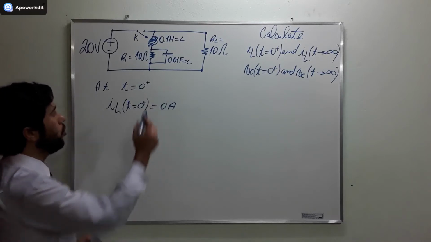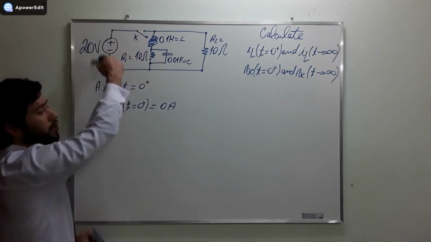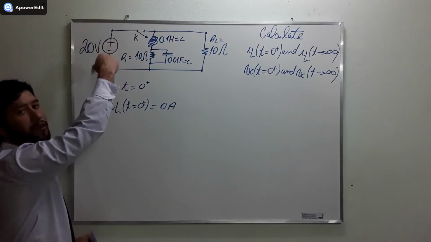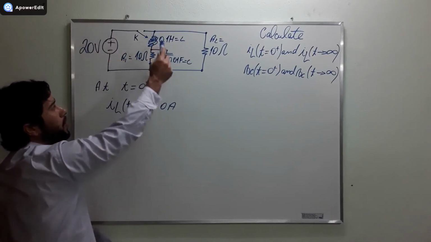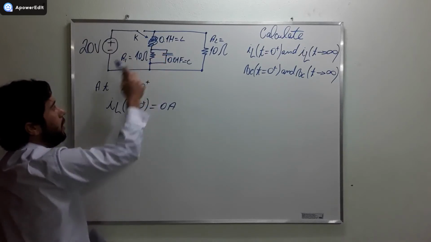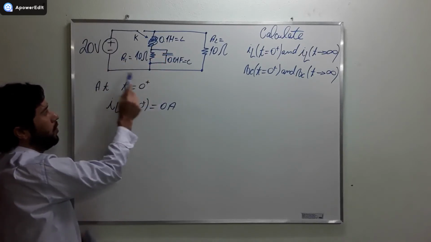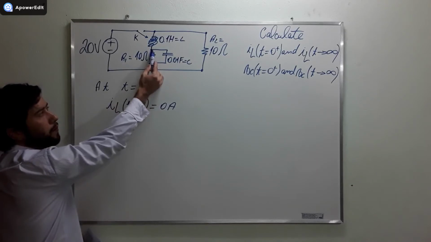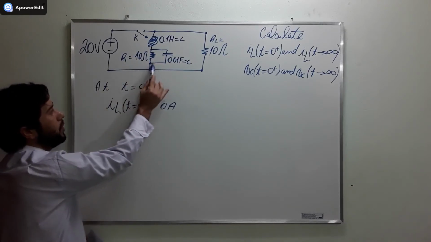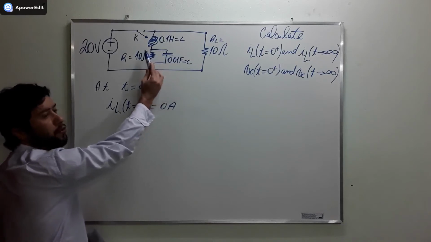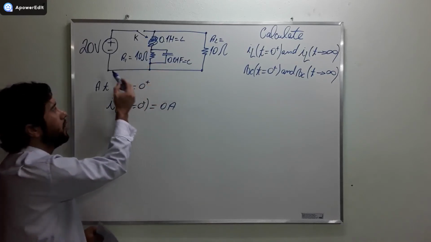Okay? So, all of the voltage of the battery is going to be on top of the inductor. This terminal here is going to be felt here because the capacitor is behaving as a short circuit.